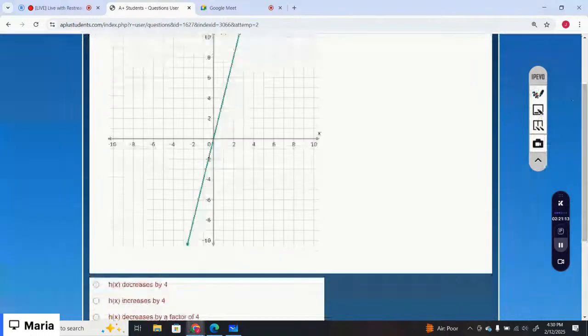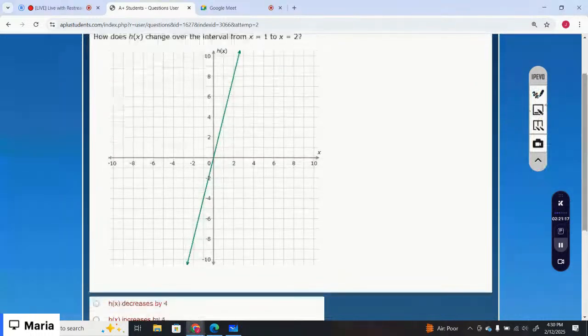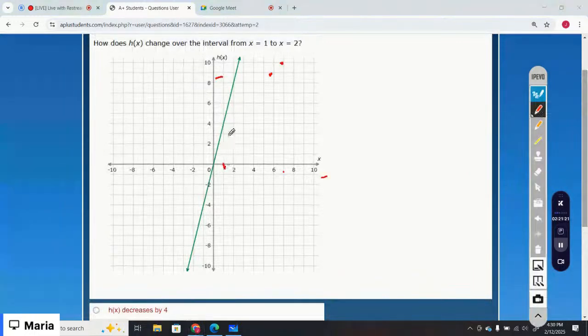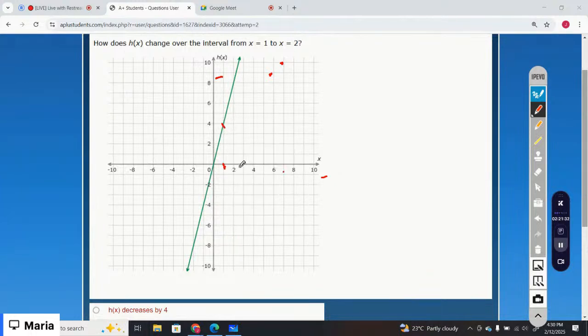You have to see how the values are changing from x equals 1 to x equals 2. When x equals 1, the h of x is 4. When x equals 2, the h of x is 8. So that means the function is increasing by 4.